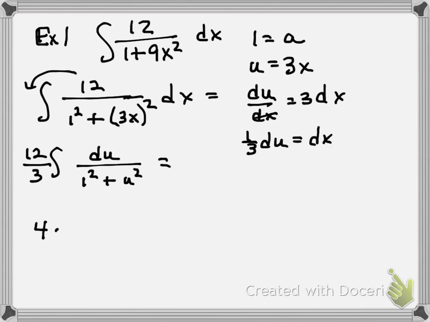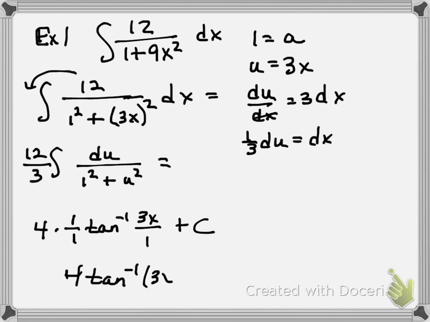Remember that I had a 1 over a, my a is a 1, and then I had an inverse tangent of u, which is a 3x, over 1 plus c. And so if I simplify that, that's 4 inverse tangent of 3x plus c.